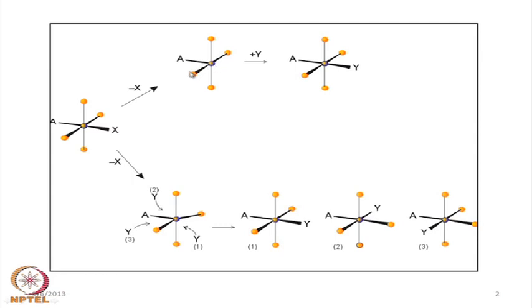Otherwise, A and the nitrogen of this ethylene diamine, and A and the other nitrogen of the ethylene diamine, repel each other and try to reorganize in a trigonal plane.